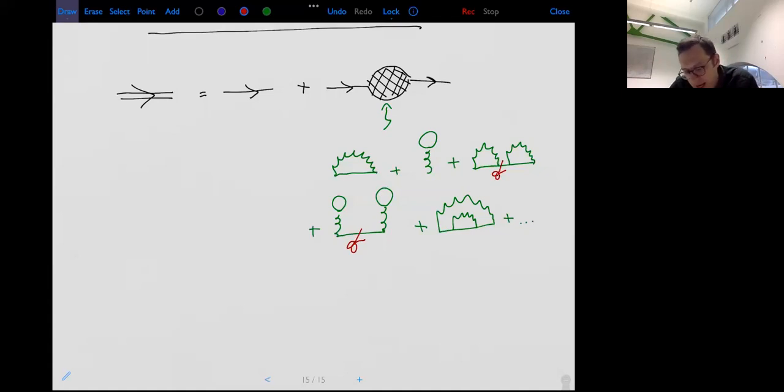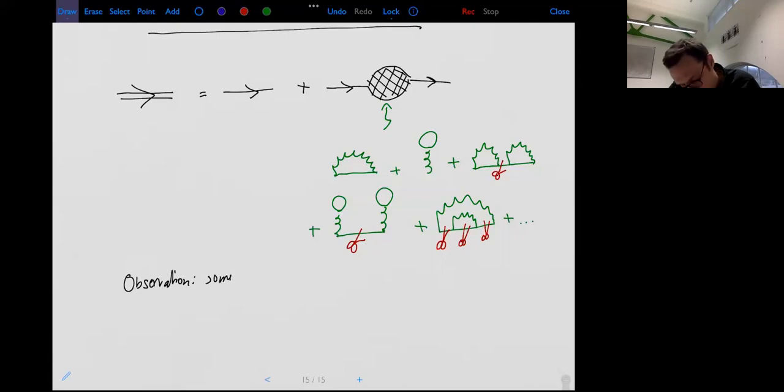However, when I look at the other diagrams, that's not possible, right? I can take a scissor and I can cut here, or I can take a scissor and cut here, or I can cut here, but none of these cuts will actually separate this diagram into two fragments. So there are these very fundamental classes of diagrams.